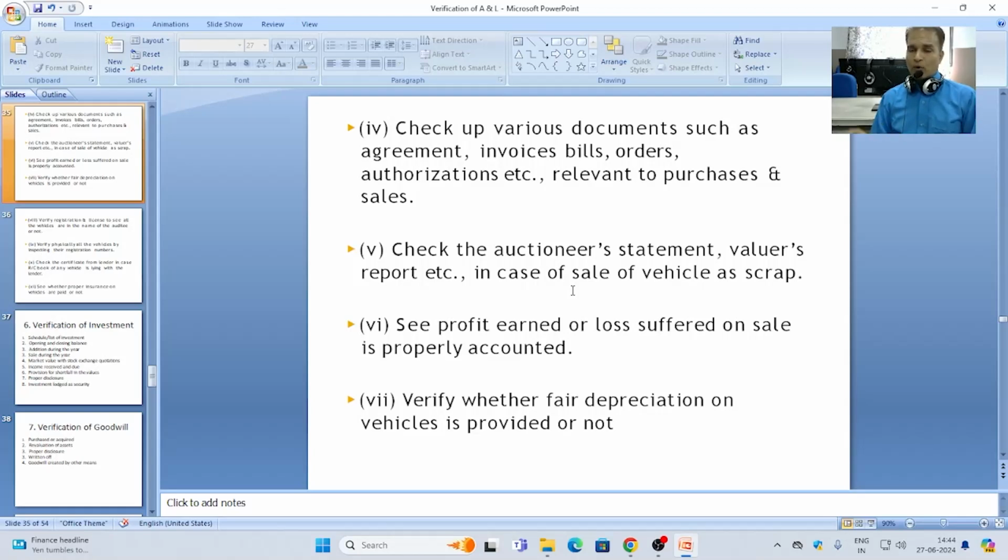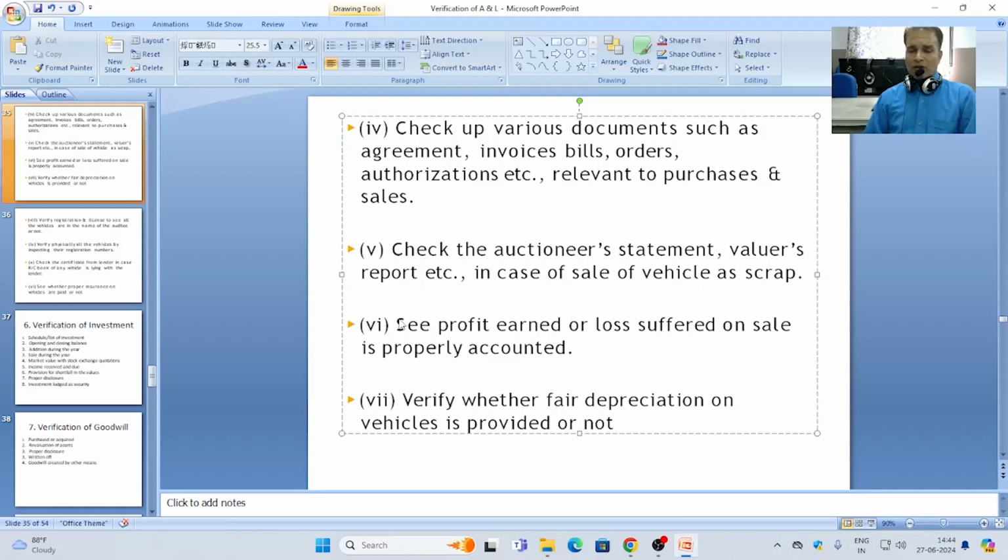It should be properly authorized by the signing authority. The auditor may also go through the minutes of meetings for this purpose. The auditor is expected to check the auctioneer's statement, valuer's report, etc. in case of sale of a vehicle as scrap, because without any proper valuation of the old vehicle, the vehicle cannot be sold.